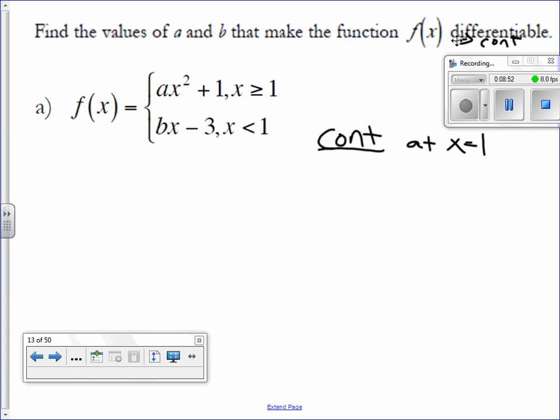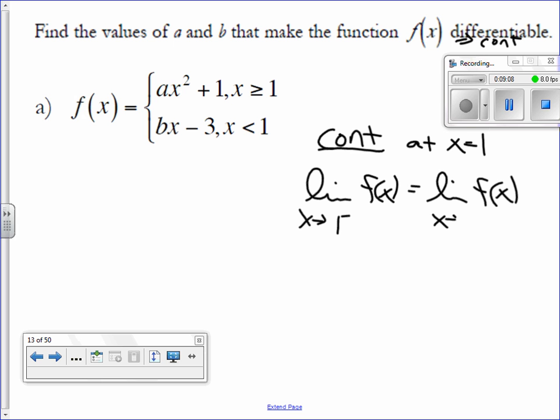In other words, the fact it's continuous at x equals 1 means the limit as x approaches 1 exists, which means the limit of f of x as x approaches 1 from the left has to equal the limit of f of x as x approaches 1 from the right. You don't have to find them separately and see if they're equal. We know it's differentiable, we know it's continuous, so we know they are.